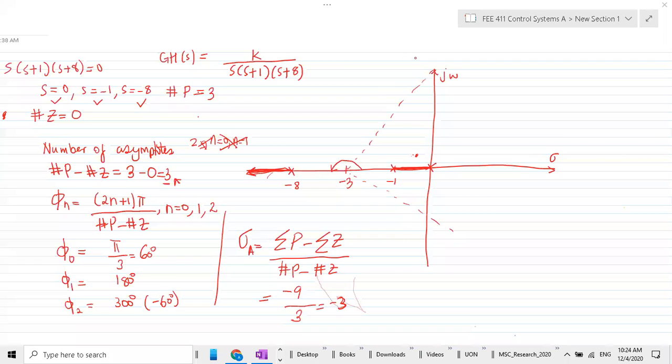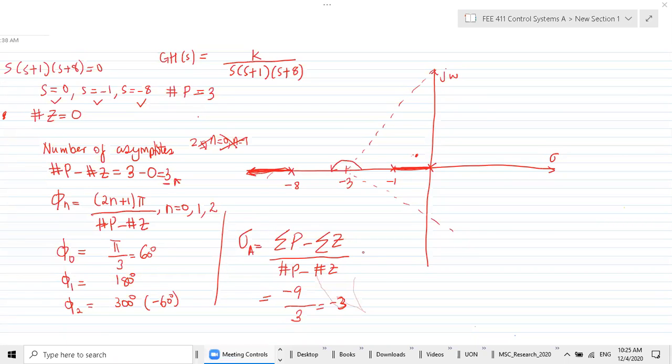Excuse me, sir. Yes. Could you kindly repeat where negative 9 has come from? Sum of poles minus sum of zeros. As I was saying, after getting the angles where our asymptotes will intersect the real axis, we need to get the point where those lines will intersect.